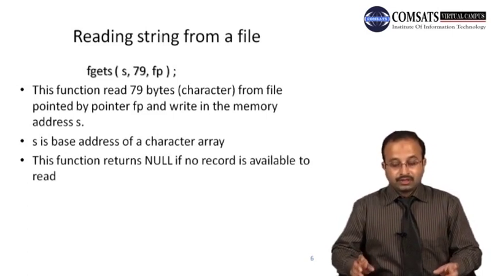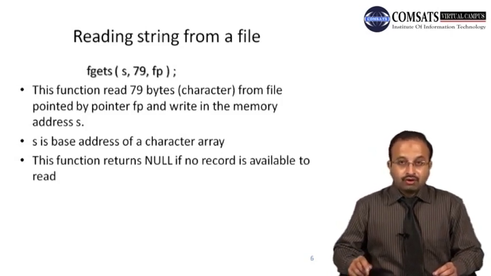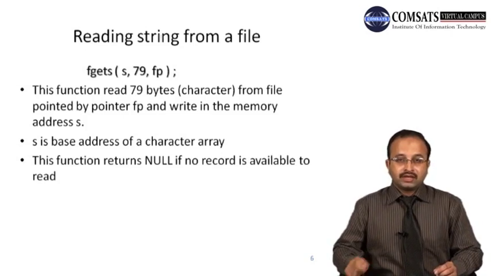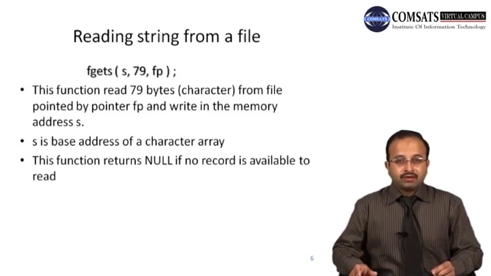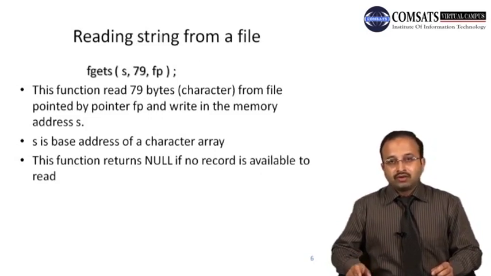So we can put this function in a while loop as a condition that fgets is not equal to null. जब तक ये null के बराबर नहीं हो जाता, that means first this function will be executed, and if the return value is null, then the null not equal to null condition becomes false, and it comes outside the loop.